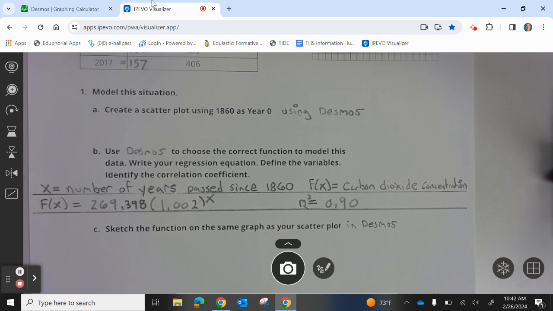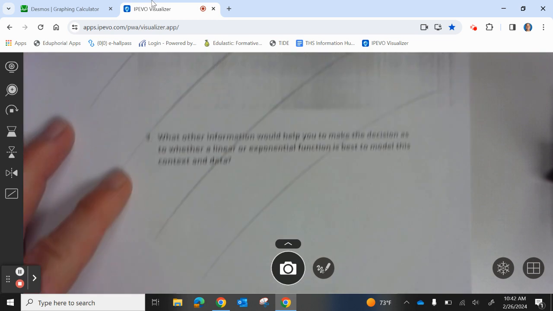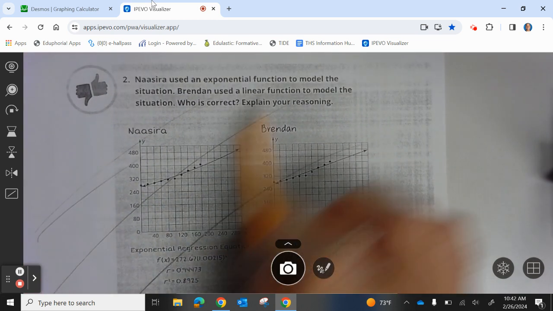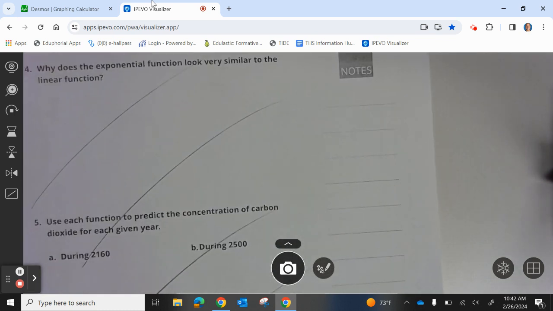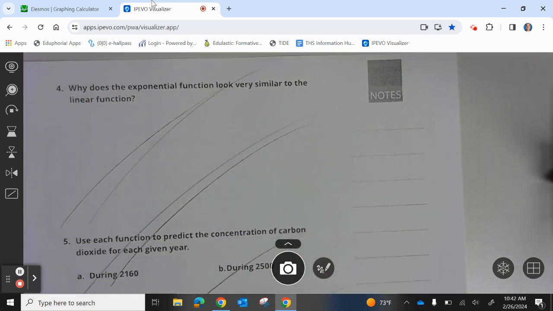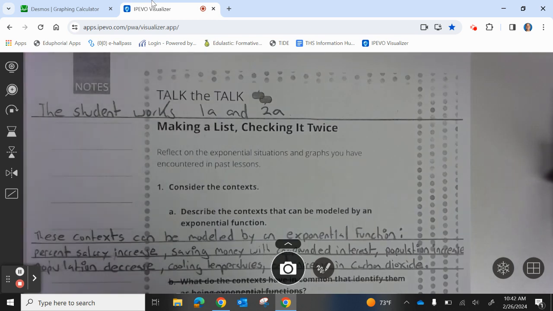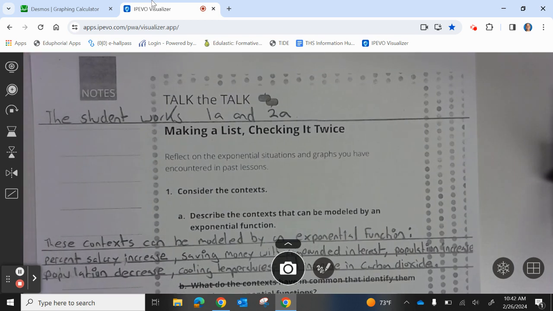All right, let's take a look at the next page. All right, go ahead and mark out this page. Go ahead and mark out this page. All right, talk the talk. The student works 1A and 2A.